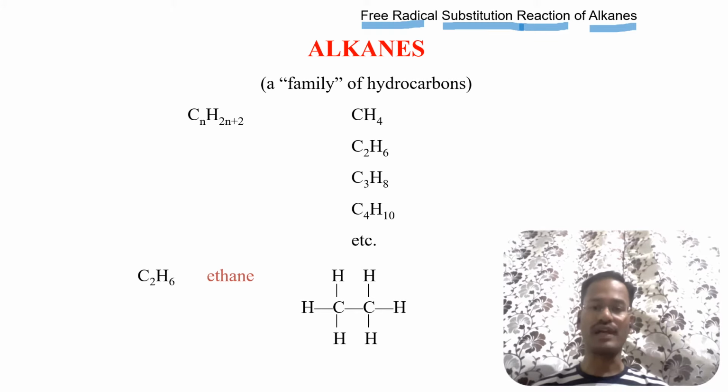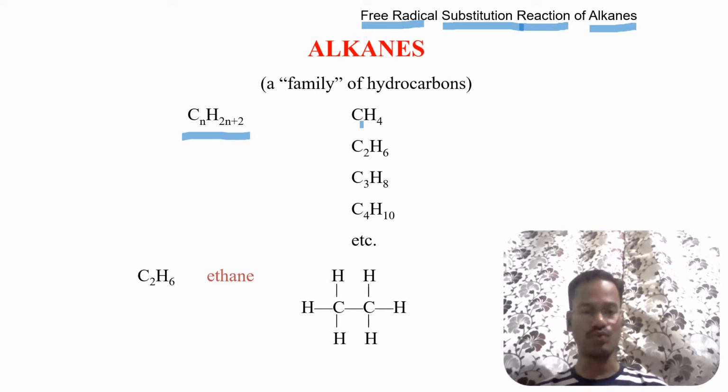Alkanes are also called hydrocarbons. It is a family of hydrocarbons having a general formula of CnH2n+2. For example, if the number of carbons is 1, then 2n is 2 into 1, plus 2, so 2 plus 2 equals 4. That's why CH4.